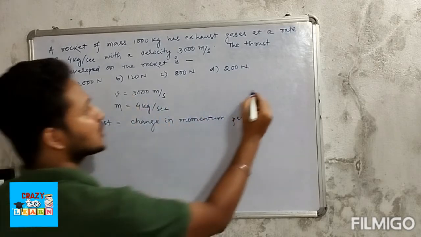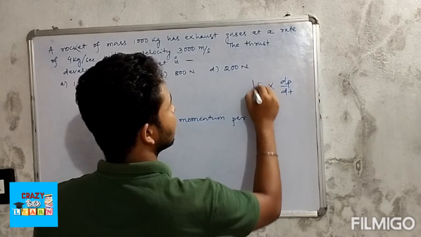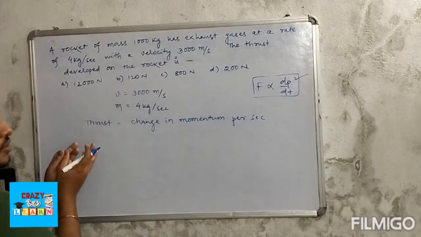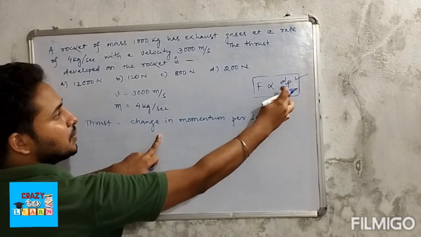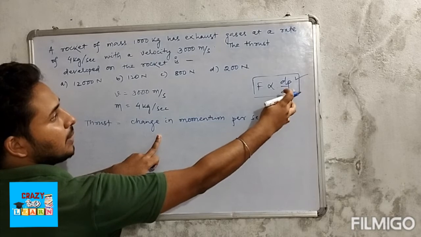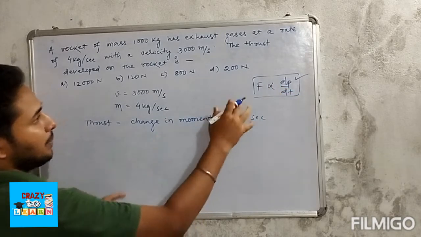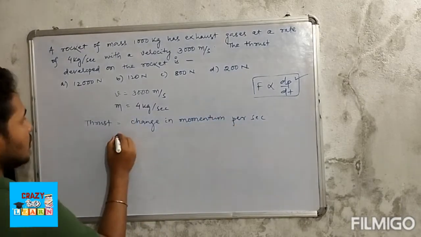So F is proportional to dp by dt. So the thrust is the change in momentum per second, so when we take the change in time equal to 1 second, F is equal to dp. The thrust is a change in momentum.